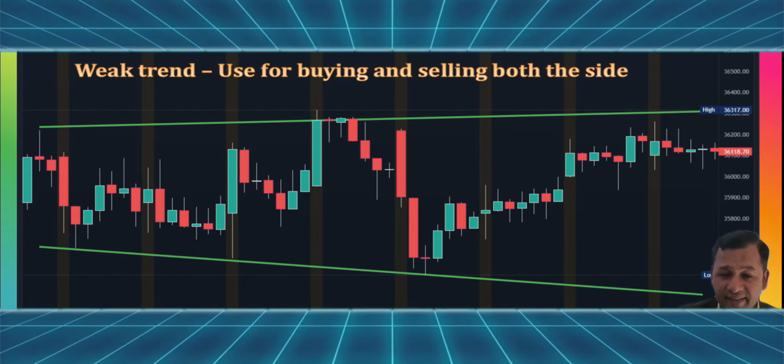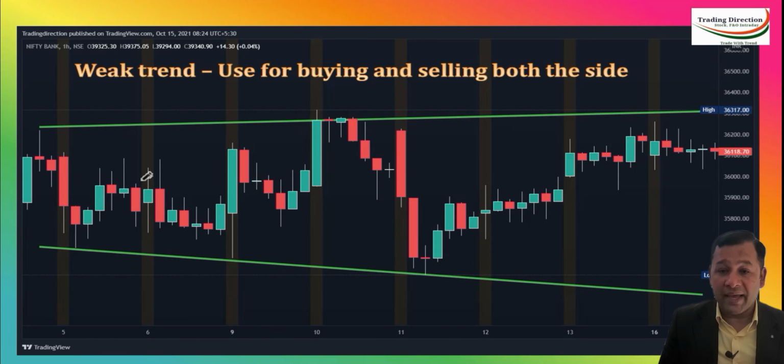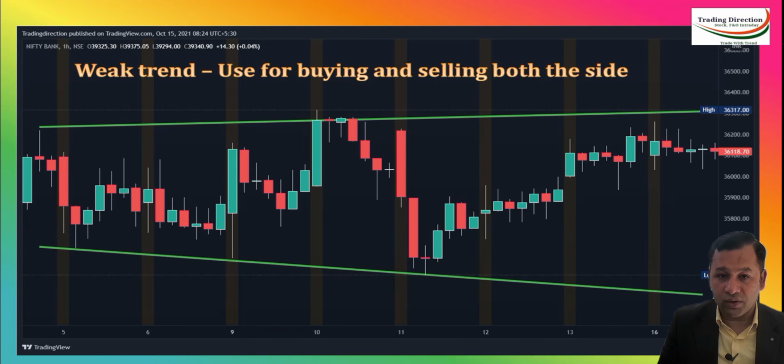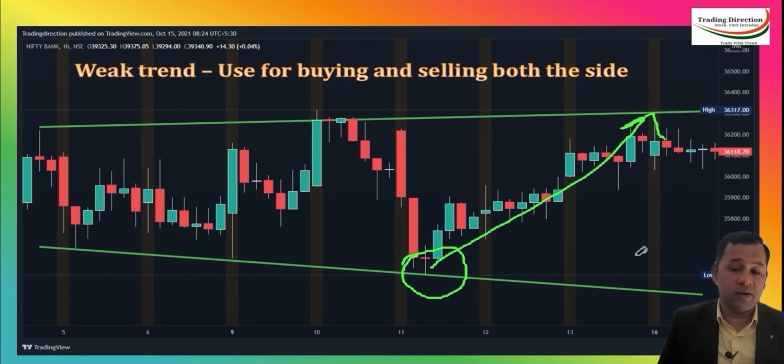A weak trend can be used for buying and selling on both sides. This is a relatively flat trend line. This level you can use for the long entry, and you are achieving your targets perfectly.